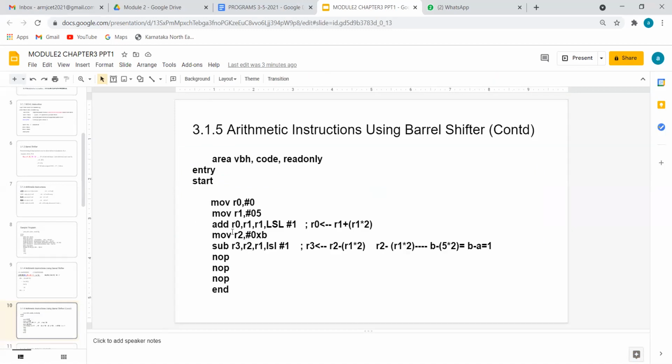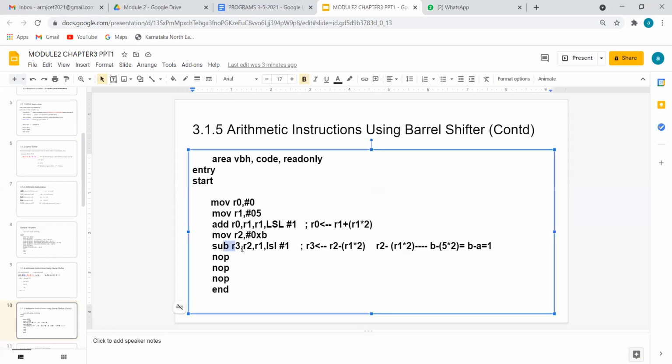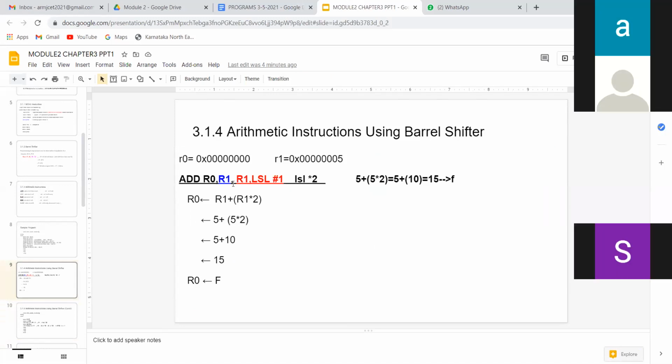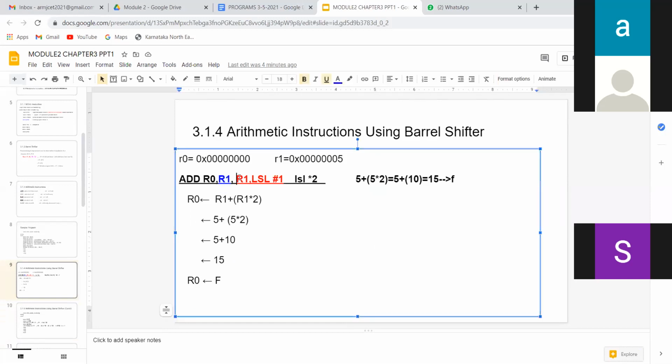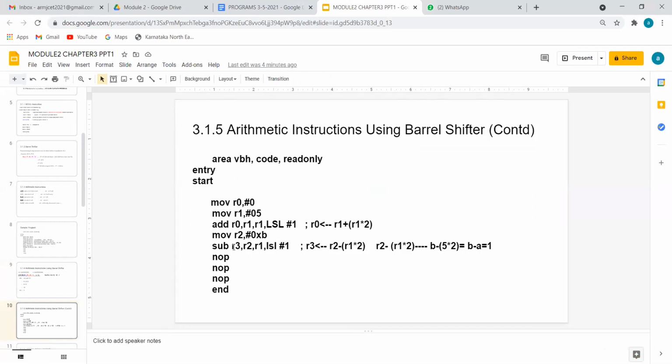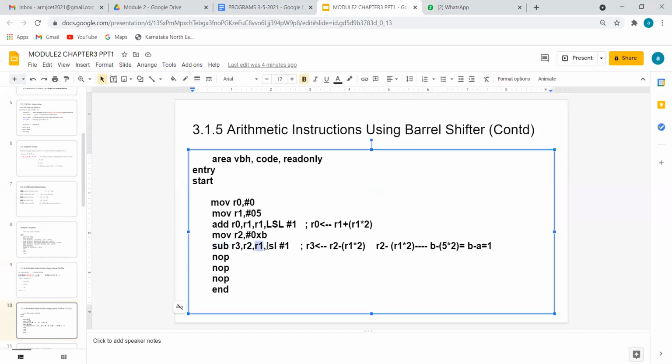Then I showed it in the subtraction also, here also RS. There may be a possibility: should the participant in the arithmetic operation and the logical shifter be the same? No, they can be different. Here you can see in the subtraction, R1 will undergo barrel shift, so it will give us a result R1 into 2. R2 is another new register.